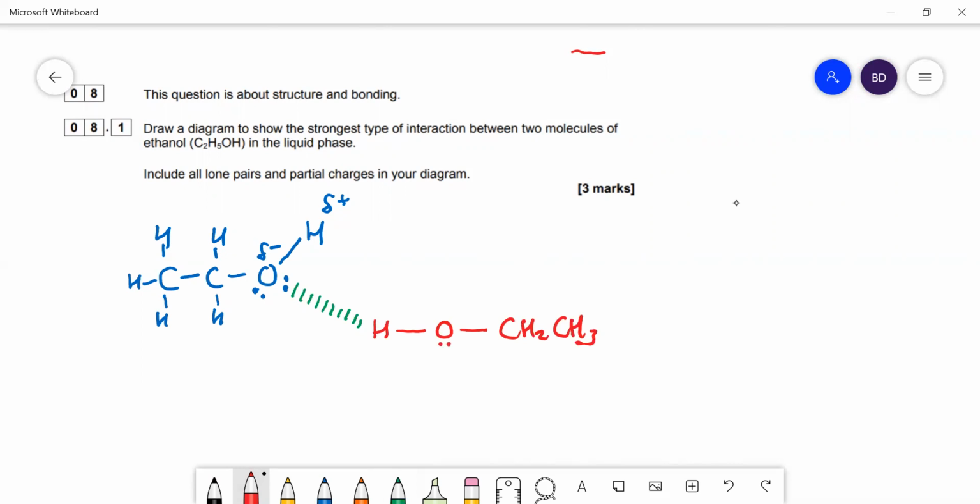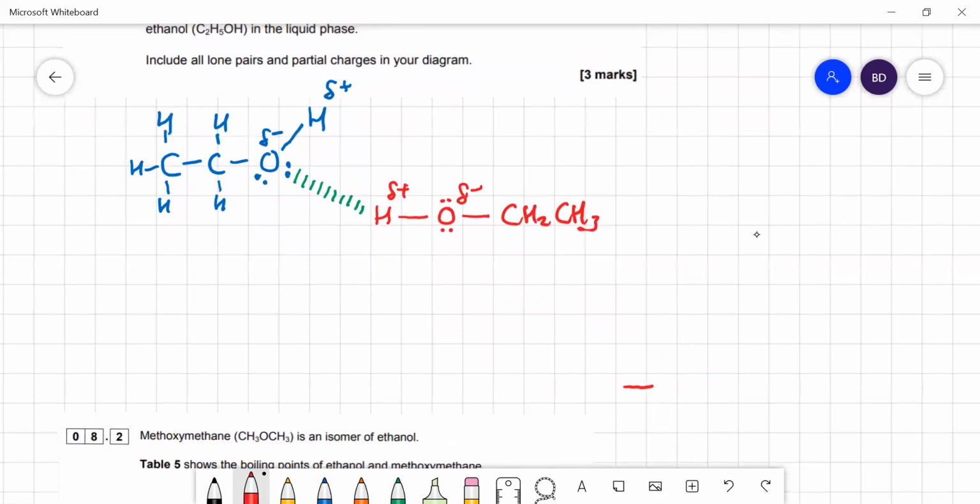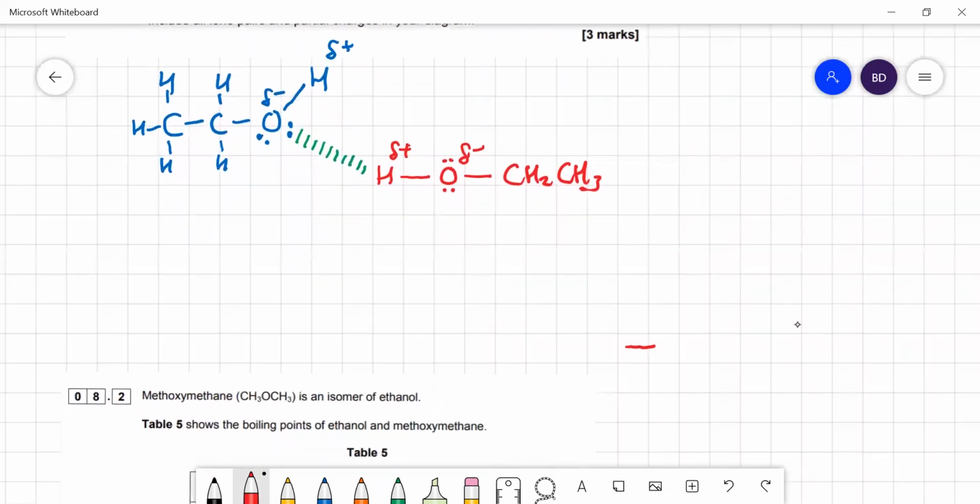That will have two lone pairs on it as well. Delta positive, delta negative, and delta positive. So that's hydrogen bonding between two ethanol molecules. Fairly standard question, but you've got to realize, of course, that it is hydrogen bonding.